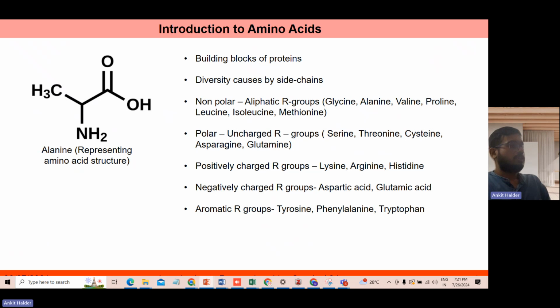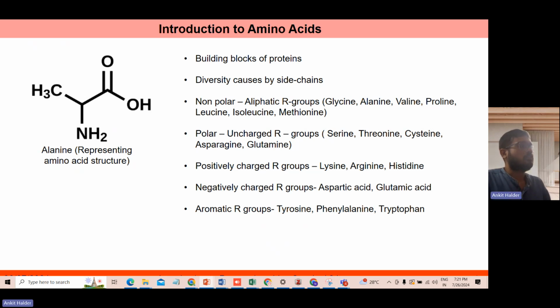So we are starting from the basic scratch, basic biochemistry, the introduction to amino acids. I think all of you are well aware of the concept of amino acids. Is there anyone who doesn't know in depth about amino acids?